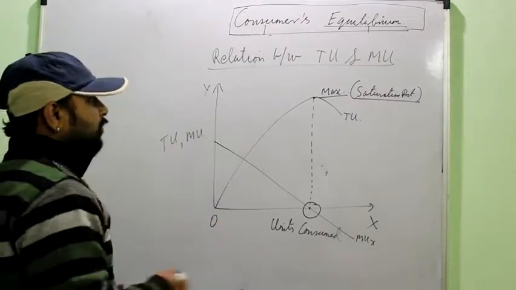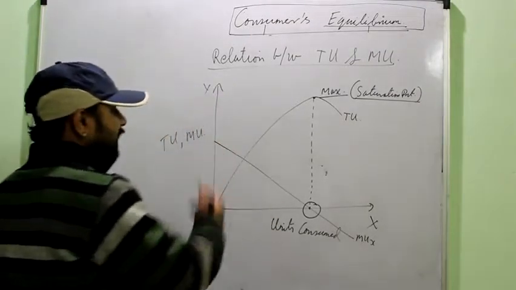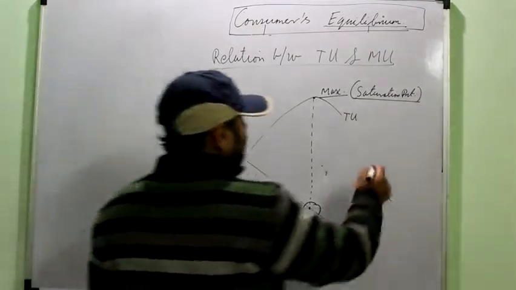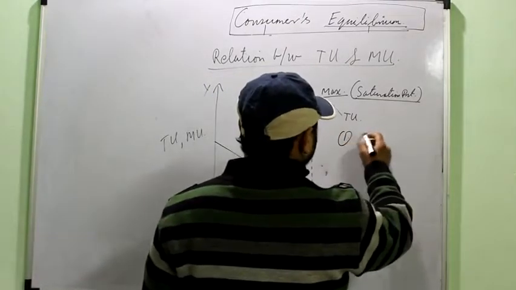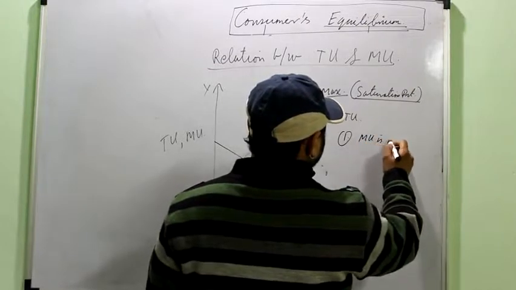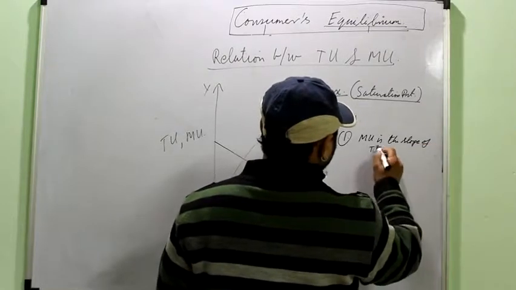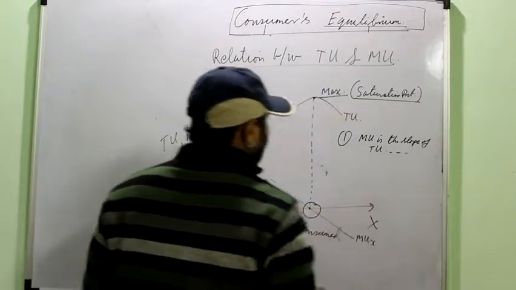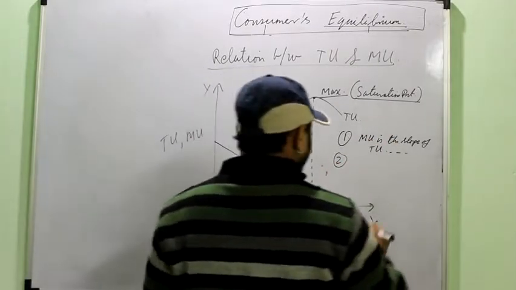Important things to note in this particular relation: if a question is asked what is the relation between TU and MU, so this diagram you have to represent, and you have to mention that both TU and MU are related to one another. The first point could be that MU is the slope of TU at every point, because it is the rate at which TU is changing, already discussed.